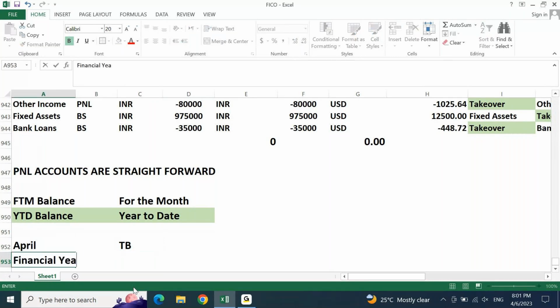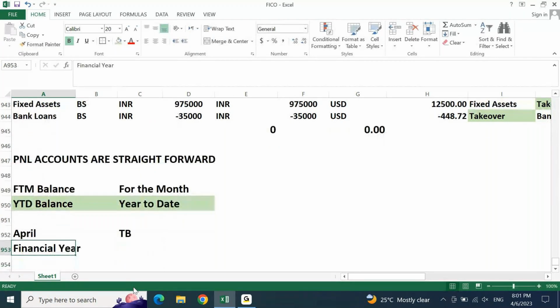According to financial year, assuming April to March, April is which period? First period.